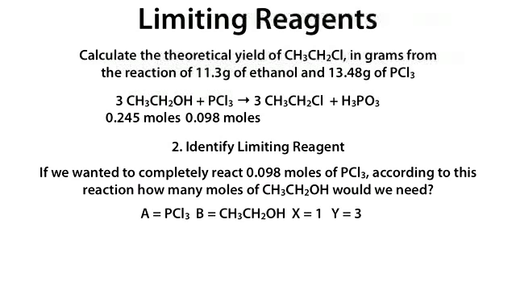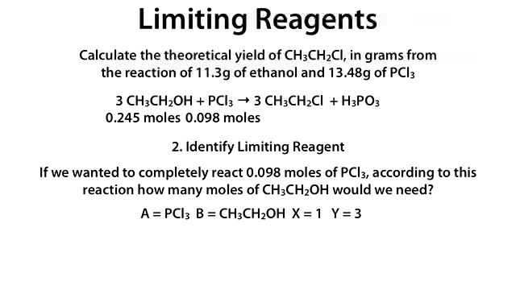Well, from before, we know that A is PCl3, because that's what we have, and B is CH3CH2OH. That's what we're looking for. Our X is 1 from PCl3, and our Y is 3 from ethanol. If you're not familiar with the setup, please go back and review the stoichiometry video.